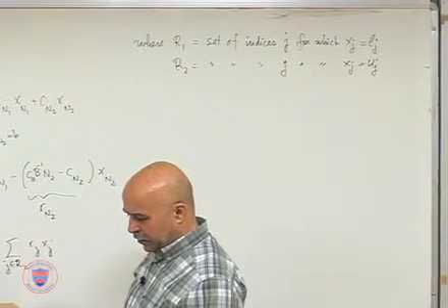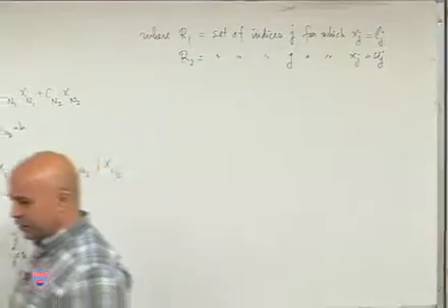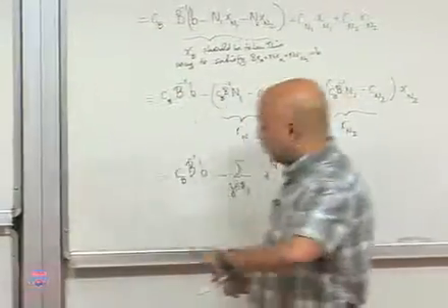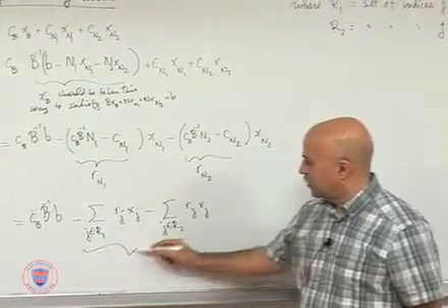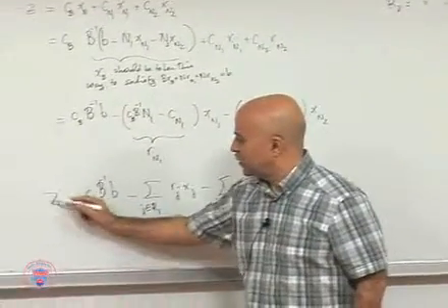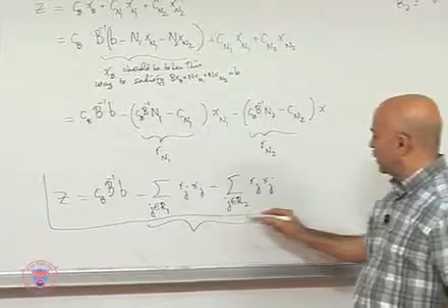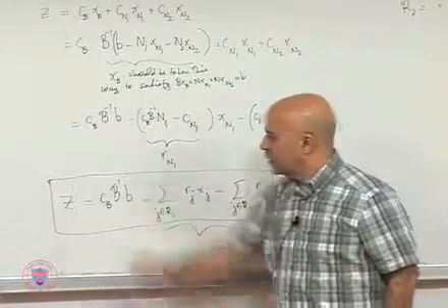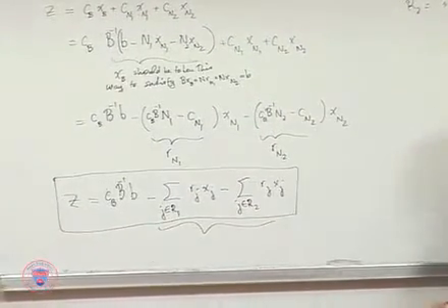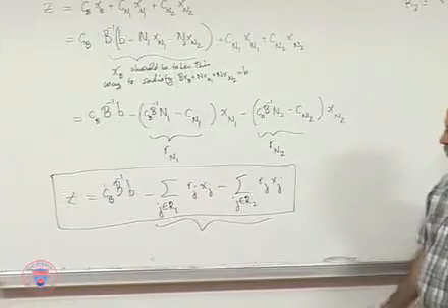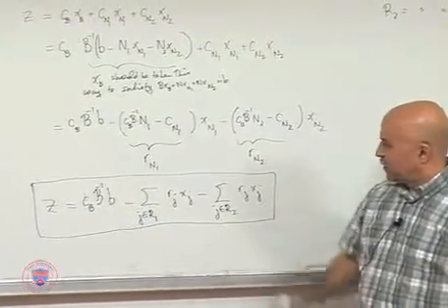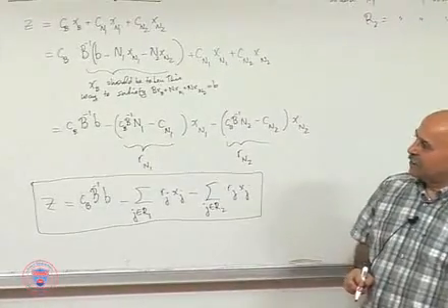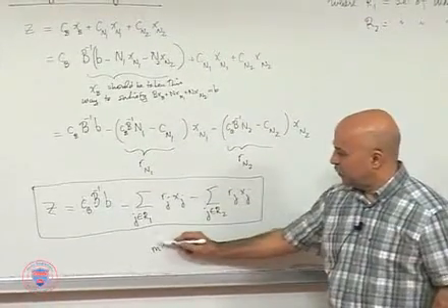Okay. So here's the question. If I want to improve my objective function value by inspection here, this is what you've got for z. How would I do that? Now, we're minimizing. This is for minimization.